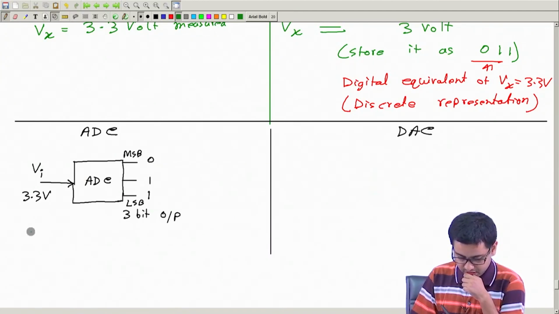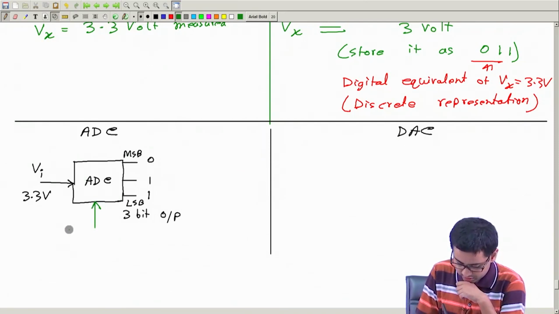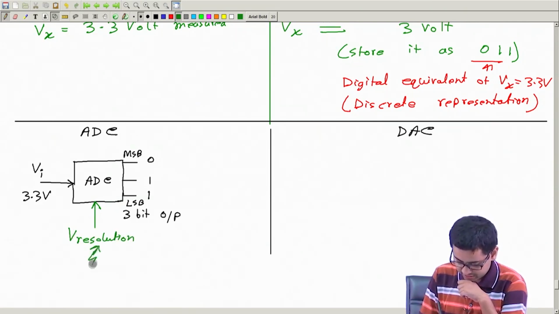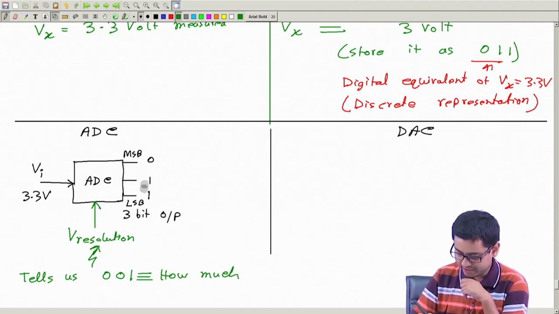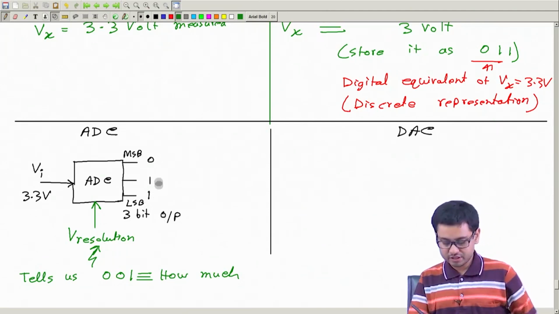And so I will put another arrow and I will call this input V resolution. This is what tells us the number 001 is equivalent to how much. If V resolution is 1 volt, then this is 3, which means input should be approximately 3 volt.